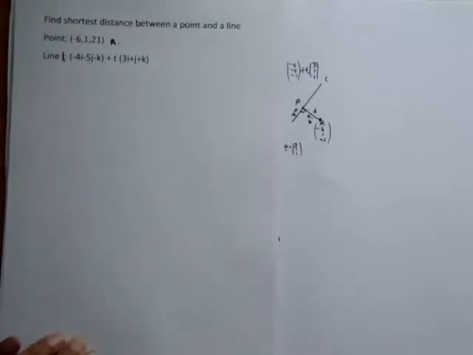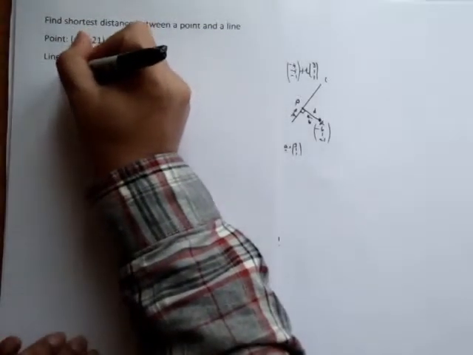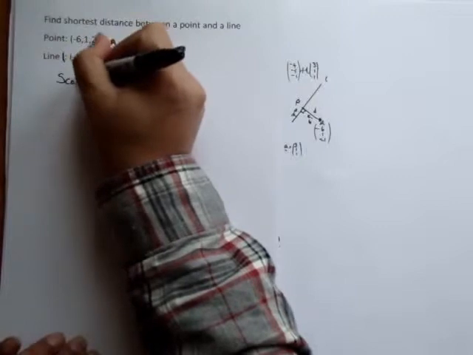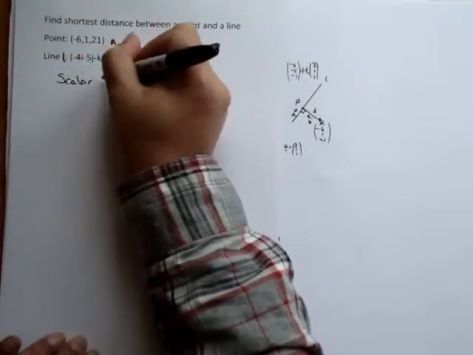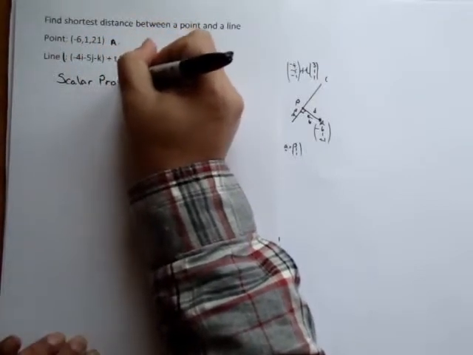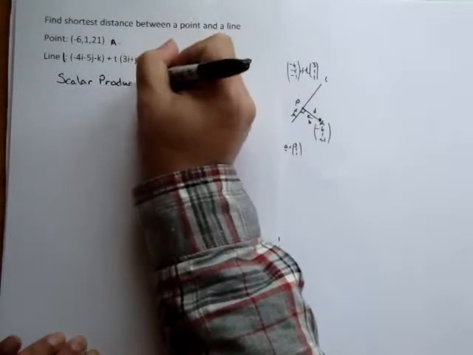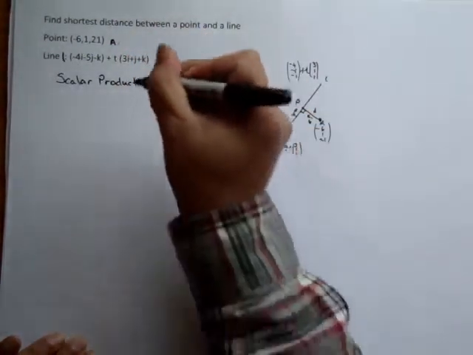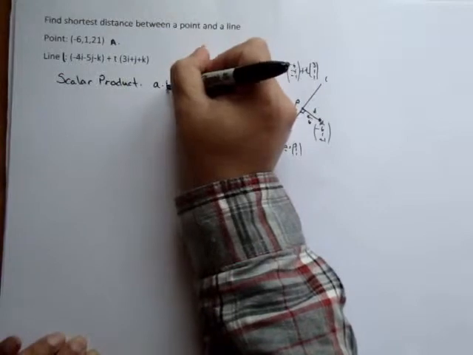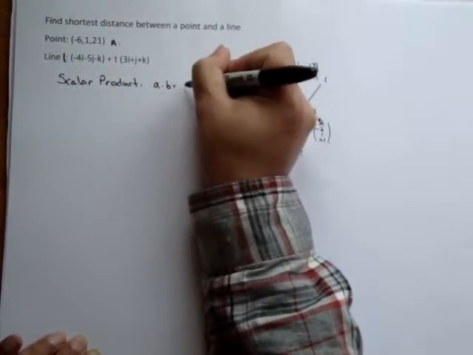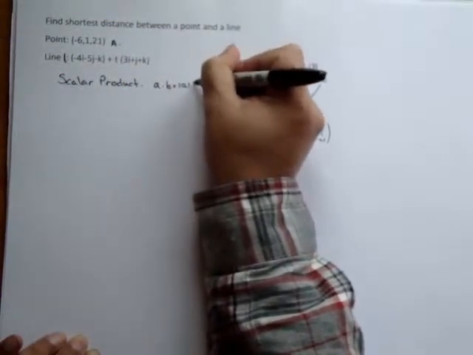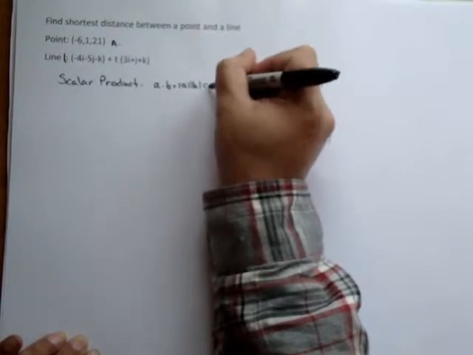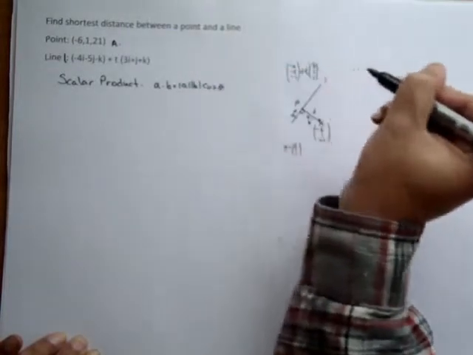And for this first method, we're going to use the scalar product. The scalar product says when we dot a with b, we get the magnitude of a multiplied by the magnitude of b cos theta.